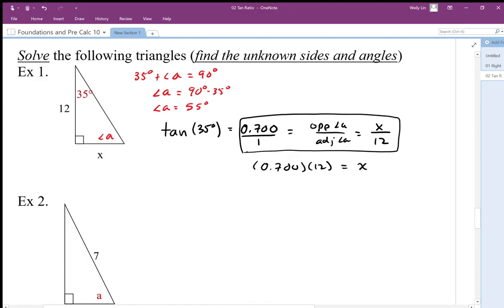Then I do that calculation, and I get the length of x is 8.402, so I'm just going to round that to 8.40. So this length here is 8.40. What this tan ratio is saying is that the opposite side is about 70% the length of this side, which is true. That is about 70% the length of 12.